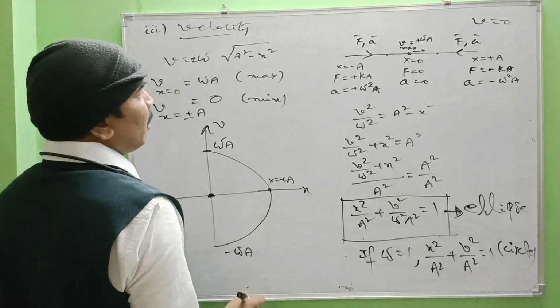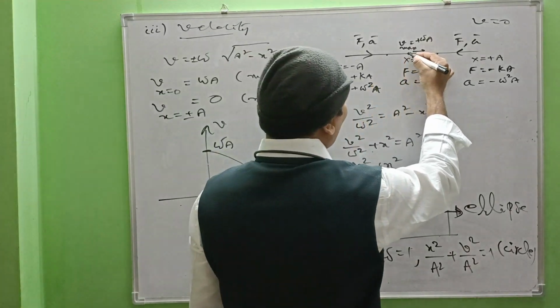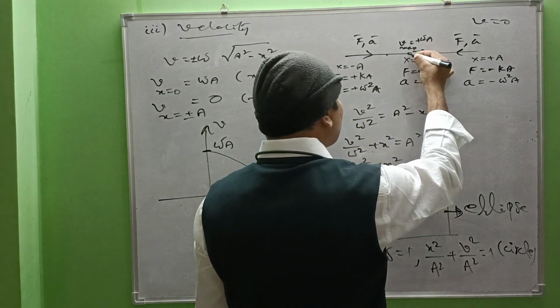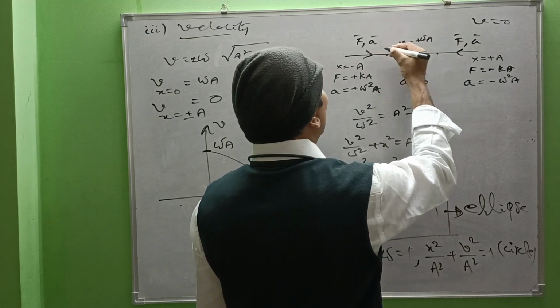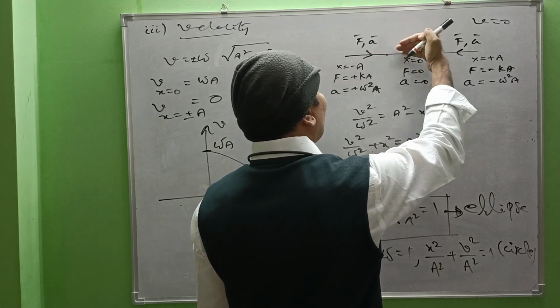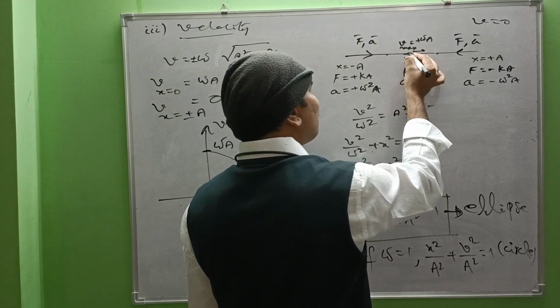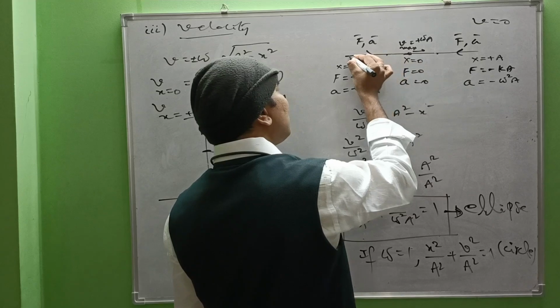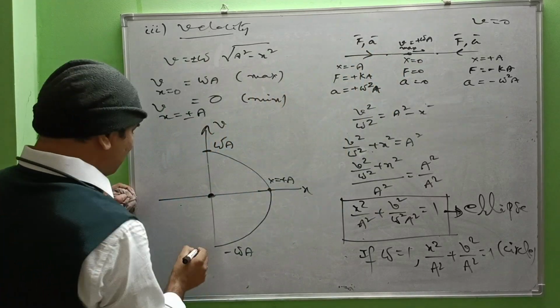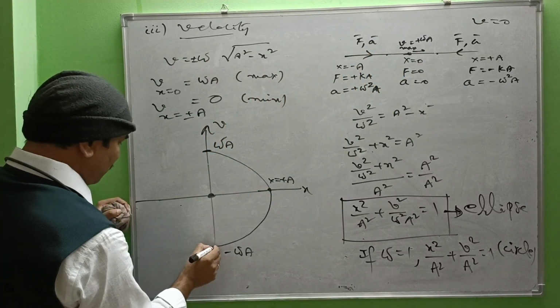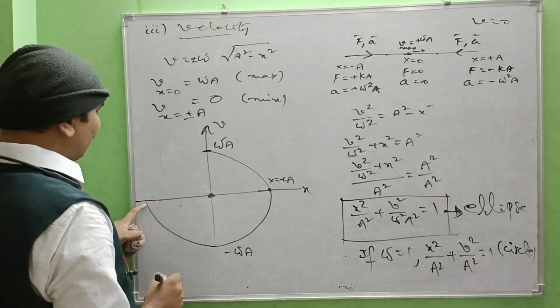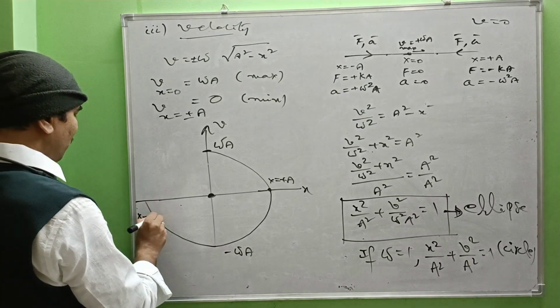Next, when it crosses the mean position, it enters the left side of the path like this. The direction of motion here is leftwards, but the velocity gradually decreases and becomes zero at the negative extreme position, at x equal to minus a.